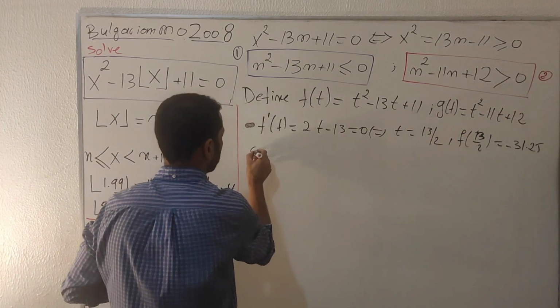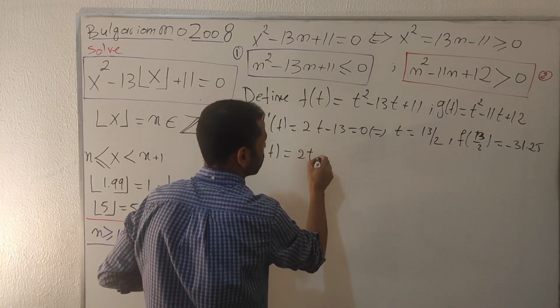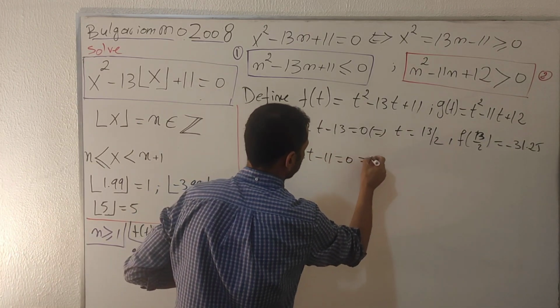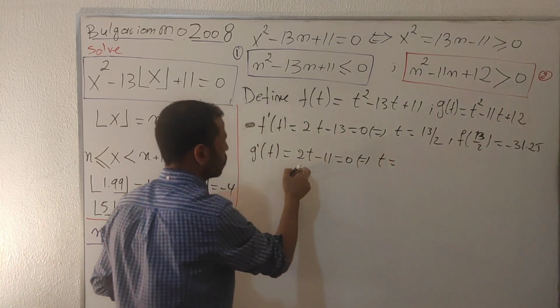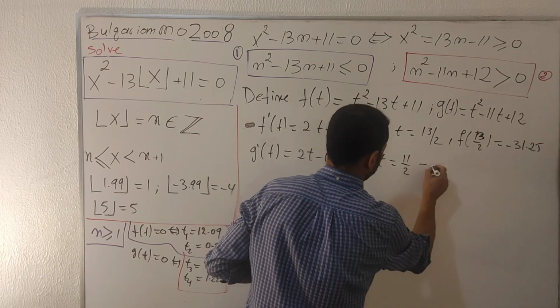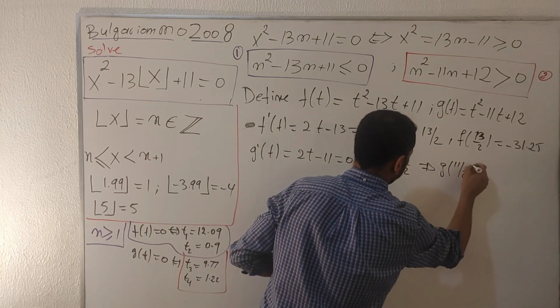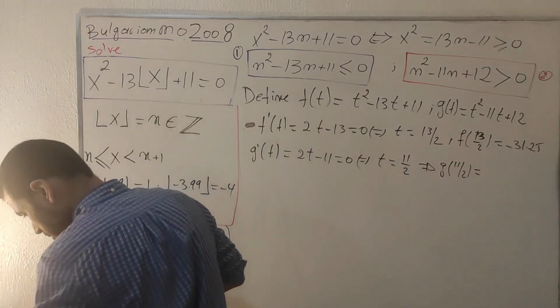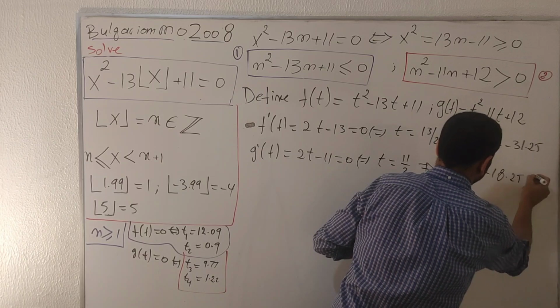For the second one, g prime of t is 2t minus 11 equals 0. If I solve this equation by finding the roots, I get t equals 11 over 2. Okay, so g of 11 over 2 is giving us minus 18.25.